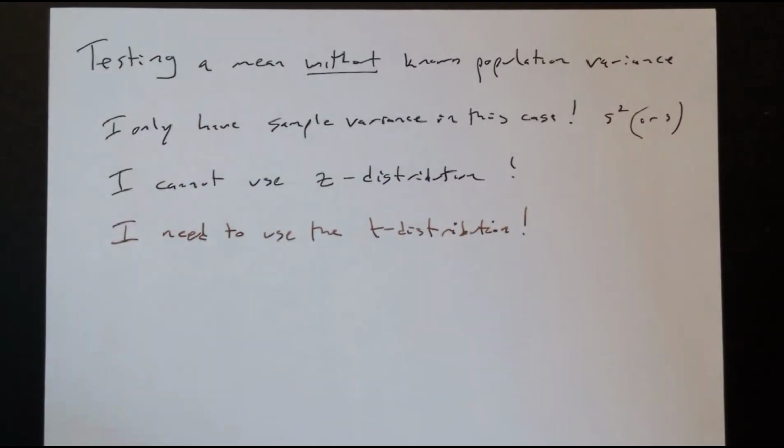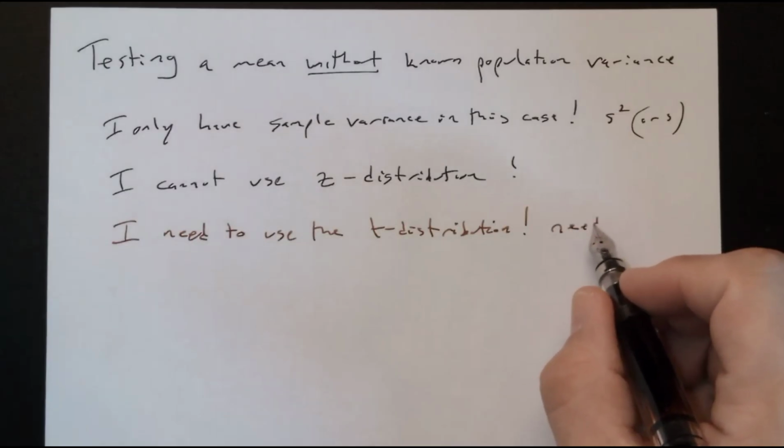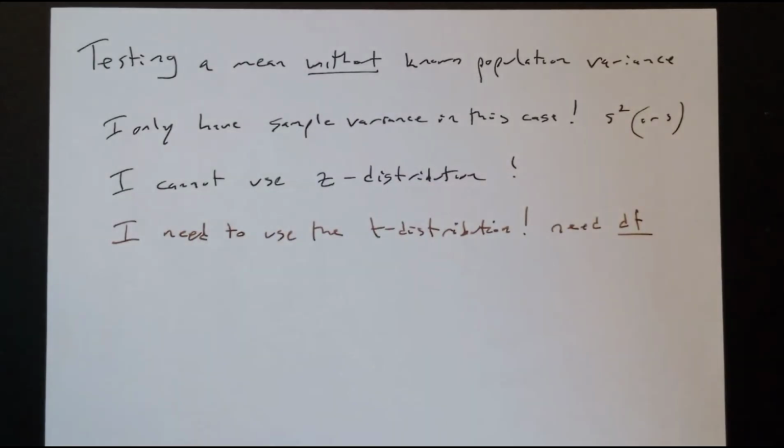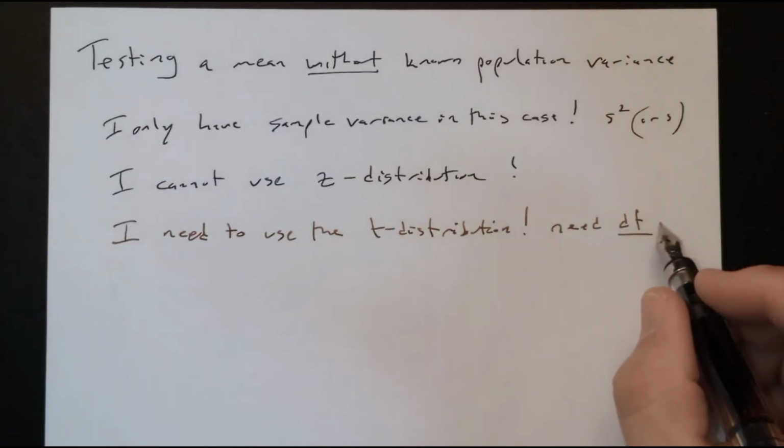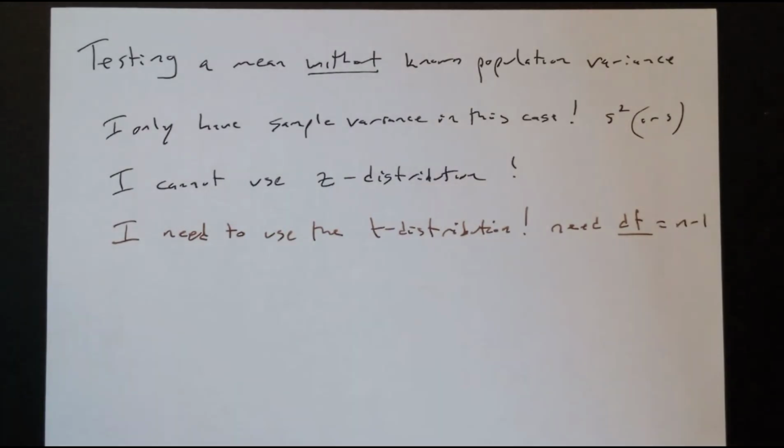And that T distribution means I also need degrees of freedom. Somebody remind me, how do I get degrees of freedom? It's n minus 1. Aha. So I get it from my sample size. Everything else we do parallels exactly what we did Wednesday.